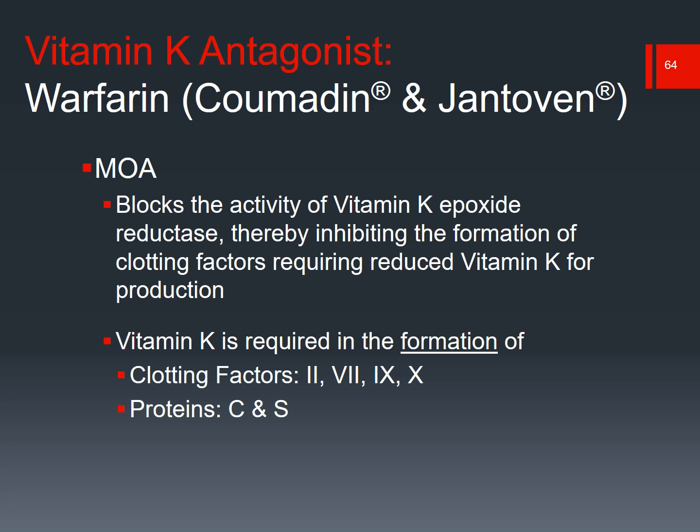So if we block the formation of these factors in the liver, the drug does delay its onset of activity because we have circulating factors. Factors S, that's 7, C, and S, all die off rather quickly. Factor 9 or N takes a little bit longer, factor 10, and then lastly, factor 2 can be around for as many as 5 days.